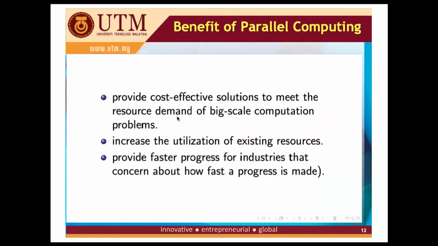And then benefits of parallel computing, provide cost-effective solutions at the end. So many things, benefits are so many things. You have to explore. Improves a lot of things. Very small, and then how to improve. There are many researchers going for that. They come with their solution, algorithm whatsoever, to improve certain benefits.